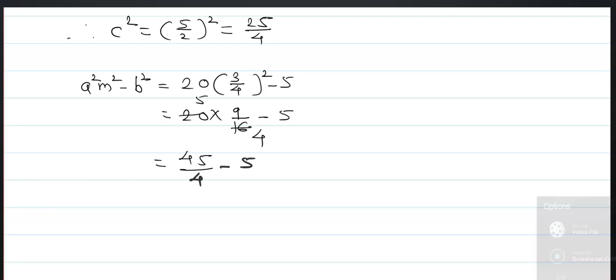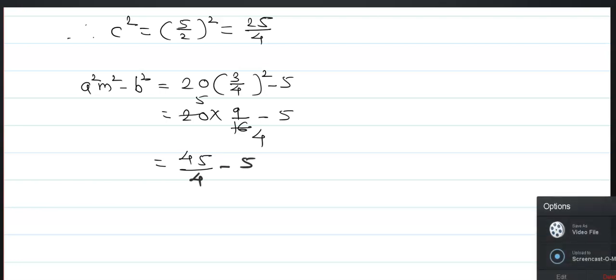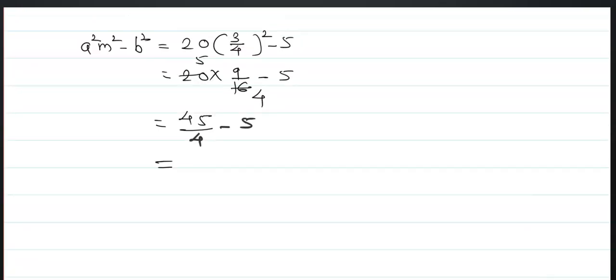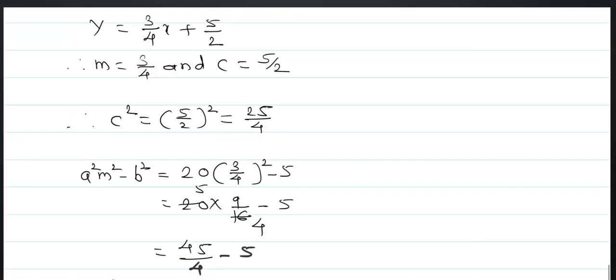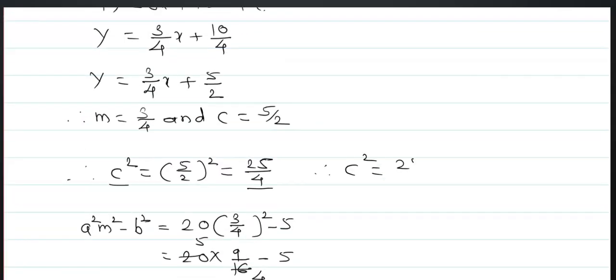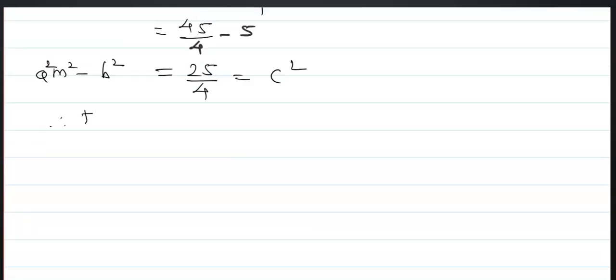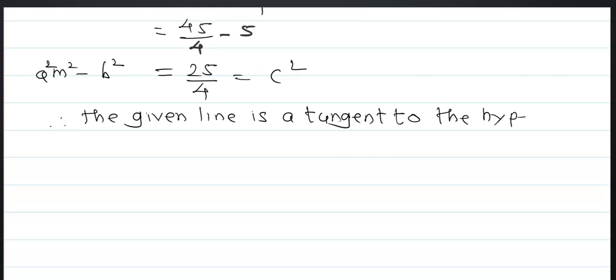If you simplify it, you will get 25 by 4. That is why a²m² minus b² is equal to 25 by 4, which is equal to c². Therefore, the given line is a tangent to the hyperbola.